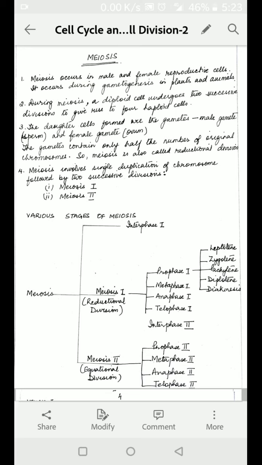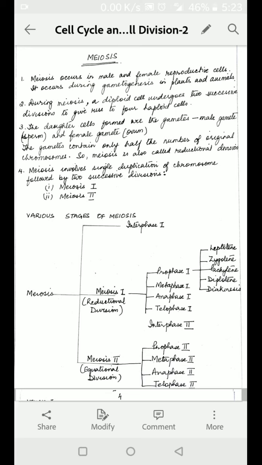Now this is a very important concept which each one of you should understand: why does meiosis occur in male and female reproductive cells at the time of formation of gametes?